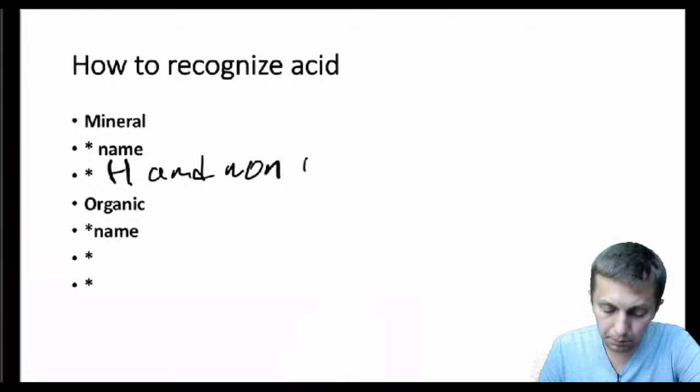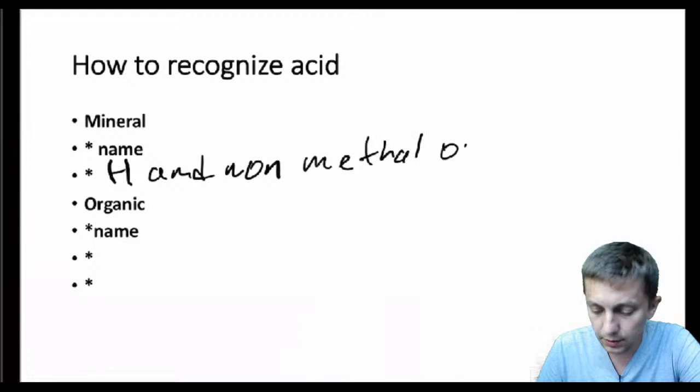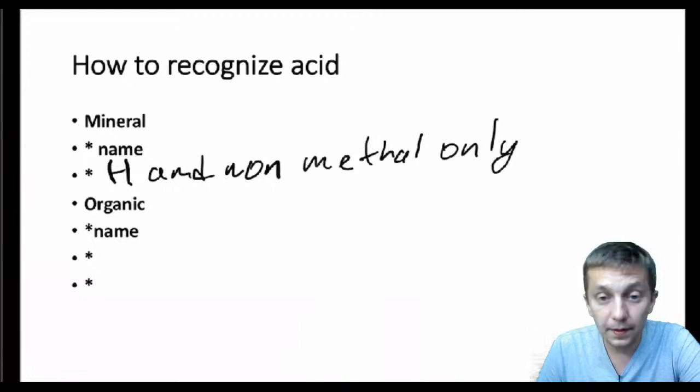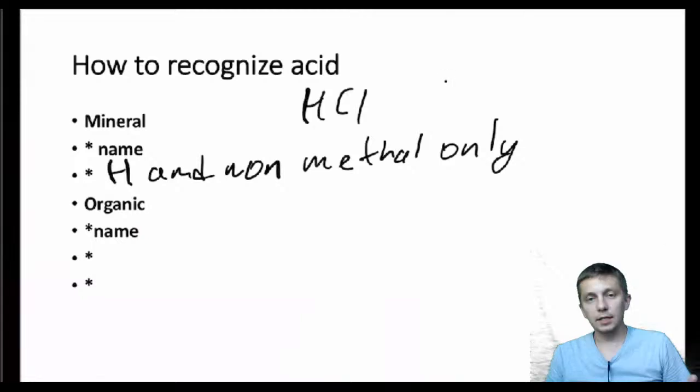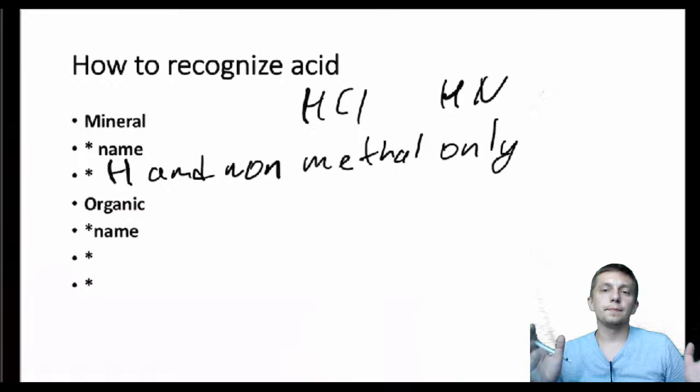For example, HCl, HNO3. If compounds consist of only non-metals and contain hydrogen, more probably it's an acid.